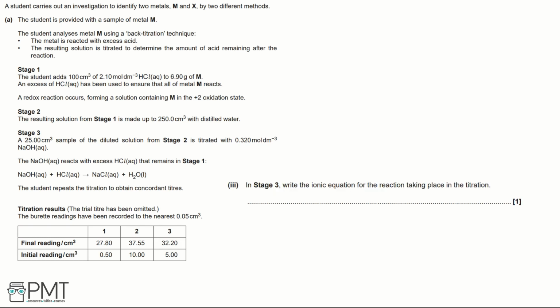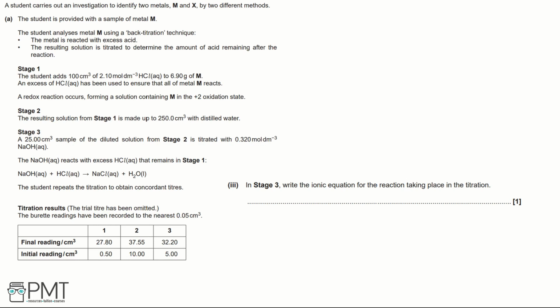Part 3. In stage 3, write the ionic equation for the reaction taking place in the titration. If we take a closer look at stage 3, here is the equation, and we've got a base, which is our sodium hydroxide, reacting with an acid, which is hydrochloric acid, producing a salt and water.